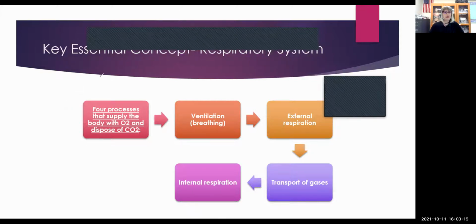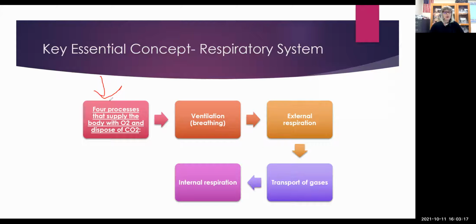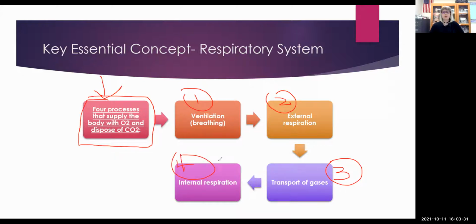Okay, so the major process is that the four processes include ventilation, external respiration, transport of gases, and internal respiration. Okay, so that is the gist of my lecture today.